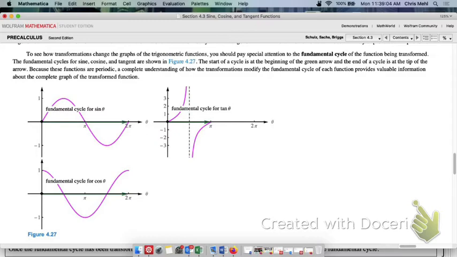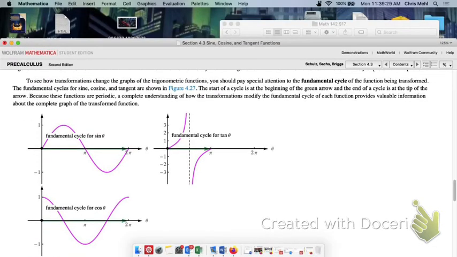And the fundamental cycle for tangent of theta is from 0 to pi. So you're always thinking about transforming these fundamental cycles. Once you've done that, you can draw the rest of the graph by drawing copies of those cycles. Make sure you read through that section and you know your fundamental cycles for these 3 functions. Okay, so back to the handout.